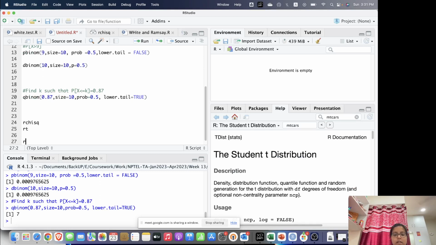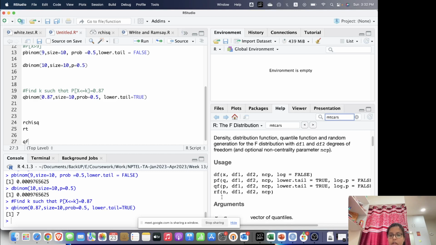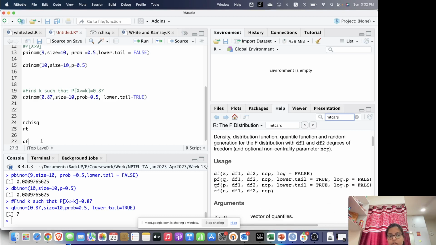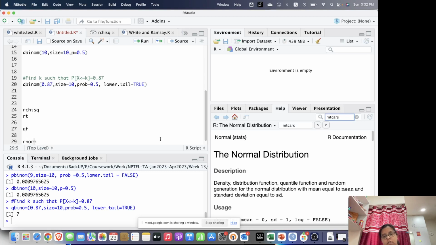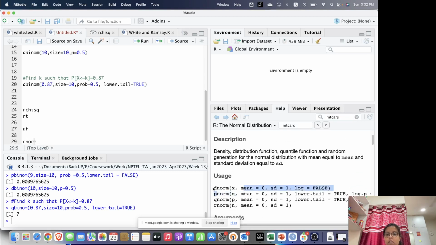For F, it is small f: df, pf, qf, rf. For norm also, it's the same. rnorm to generate random numbers, dnorm would give me the probability density, pnorm and qnorm.